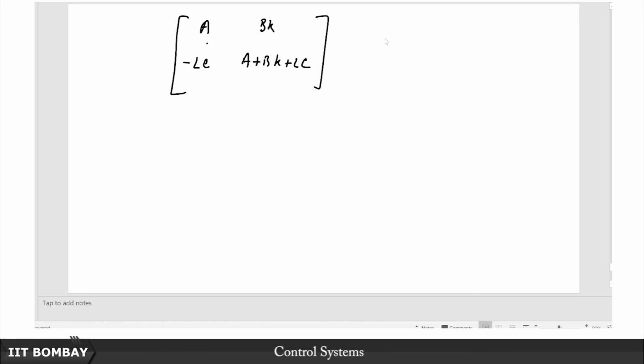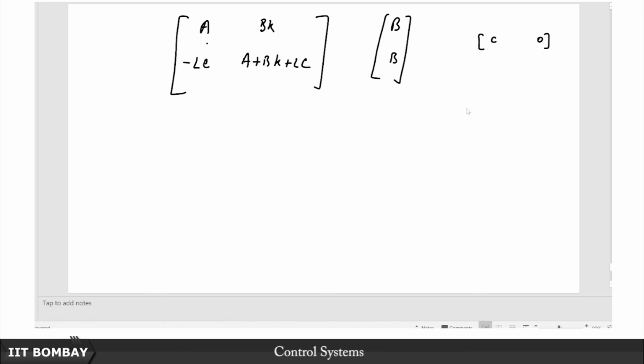This was our A matrix, the overall system matrix. The B matrix was B and B, for the 2n cross 2n system, the states of the actual system and the states of the observer. And the C matrix turned out to be in our case C 0.